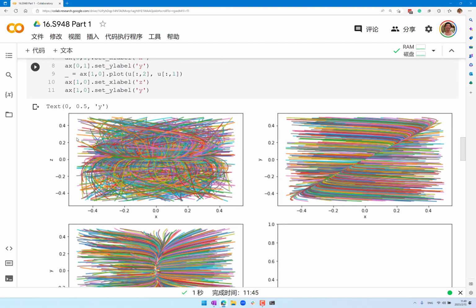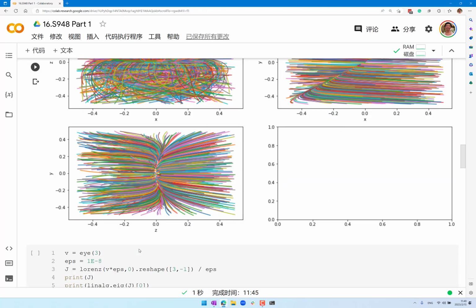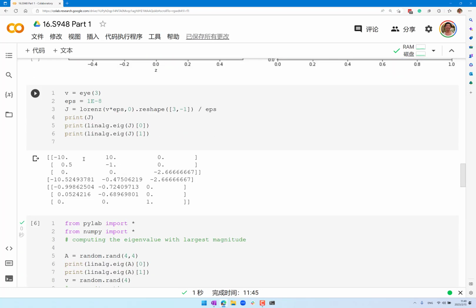This is the evolution of 1,000 trajectories around the origin, and we did compute the eigenvalues and the eigenvectors. The eigenvalues are like these, and we see the least negative or the most positive eigenvalue is minus 0.47, right? So this is the target of our current algorithm before we generalize to computing more eigenvalues and more eigenvectors.